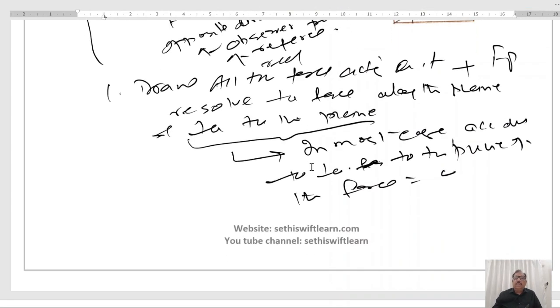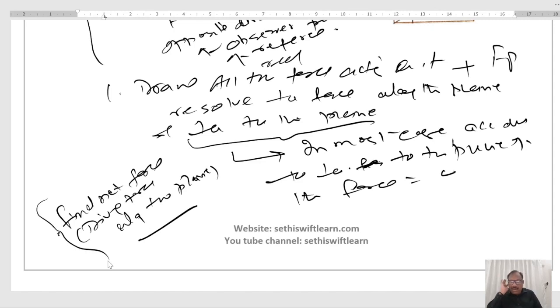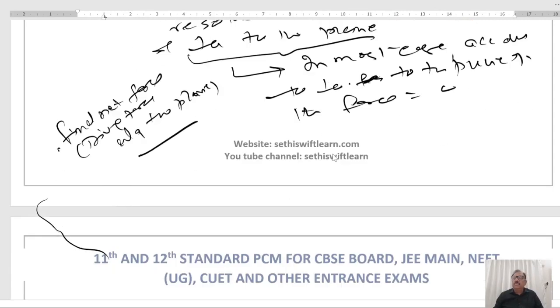Find the net force, that is the driving force along the plane. This is all about how to find the solution of this one.